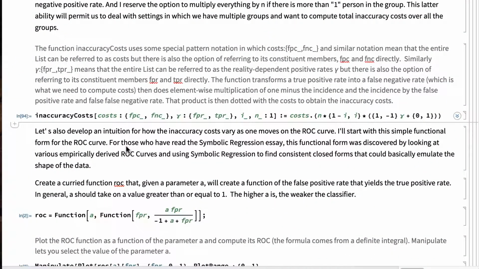Now let's see if we can develop some intuition about how those inaccuracy costs vary as we move along the ROC curve. To do that, I'm going to need an actual functional form for the ROC curve. After playing around with some real data and using symbolic regression, for those of you who watched that video or read that essay, I found a functional form that met the requirements and also seemed consistent with the data.